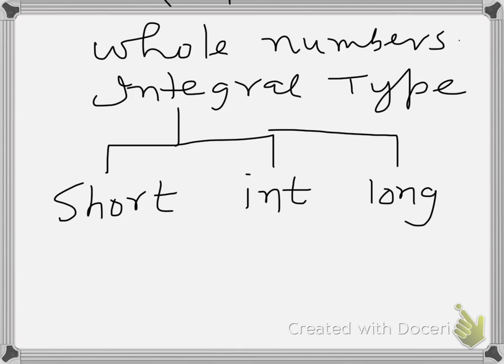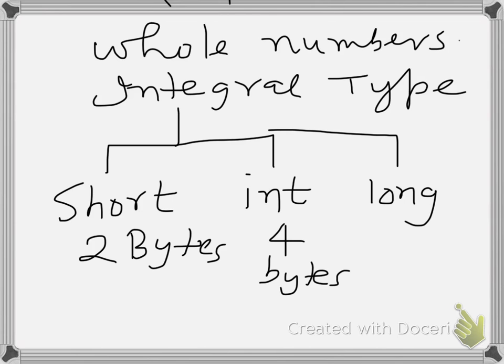Generally short is 2 bytes, int is 4 bytes, and long is 8 bytes. One byte is 8 bits, you know that.